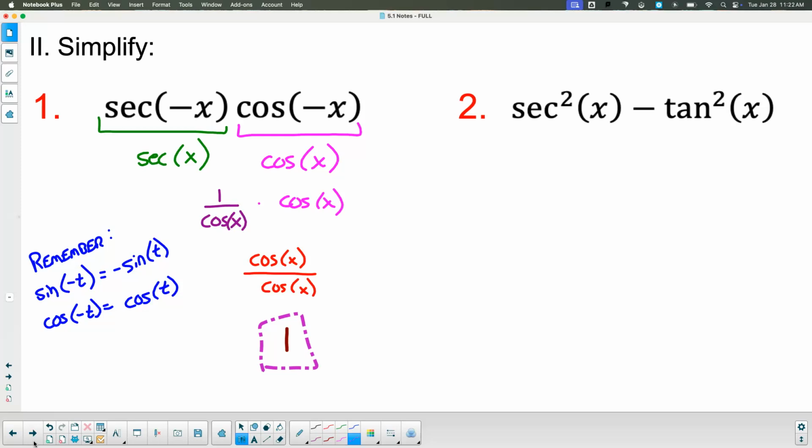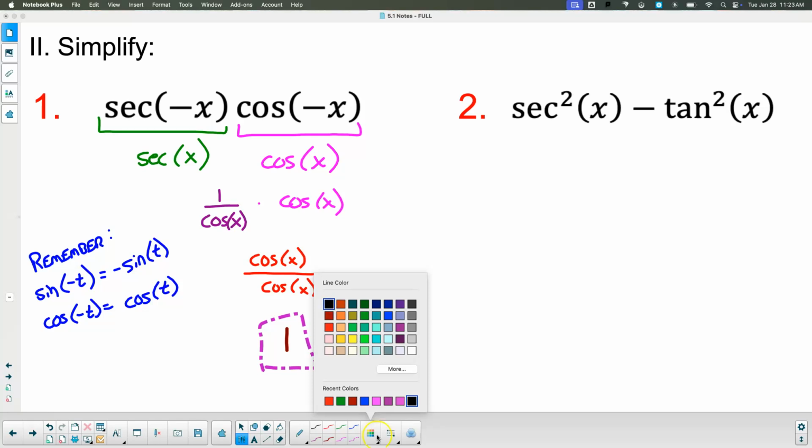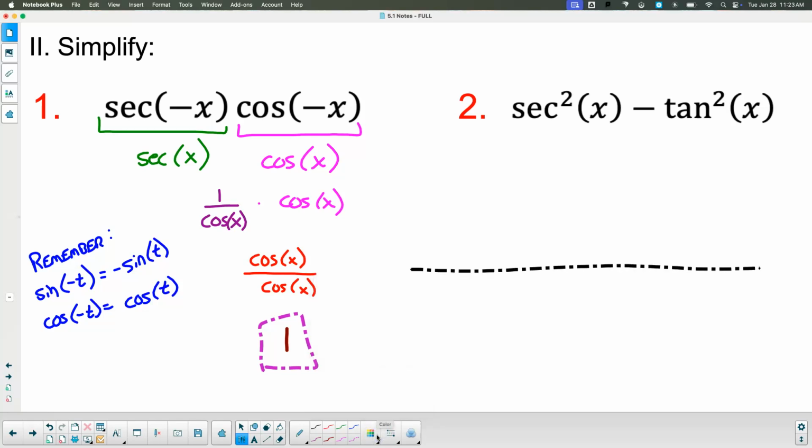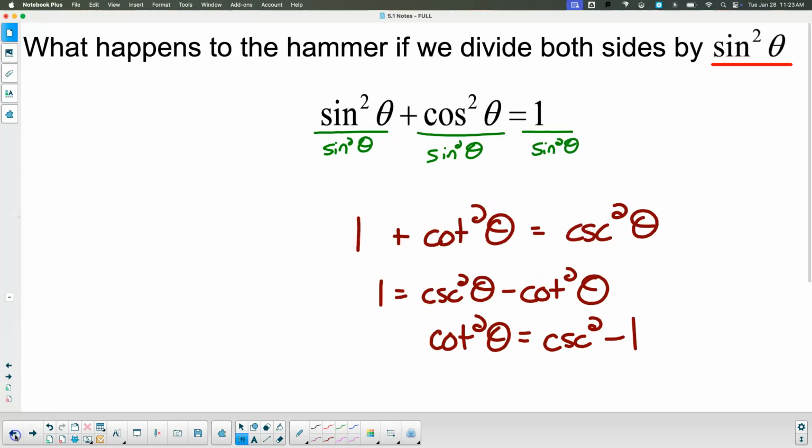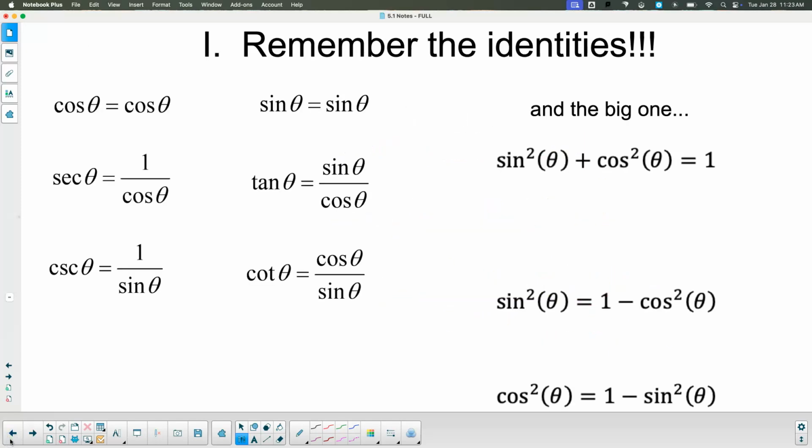Now, in number 2 here, I'm going to do that one in 2 different ways. Meaning, if I choose to deal with secant squared, okay? Anytime you see a squared, you should automatically think back to either this one, or the hammer.